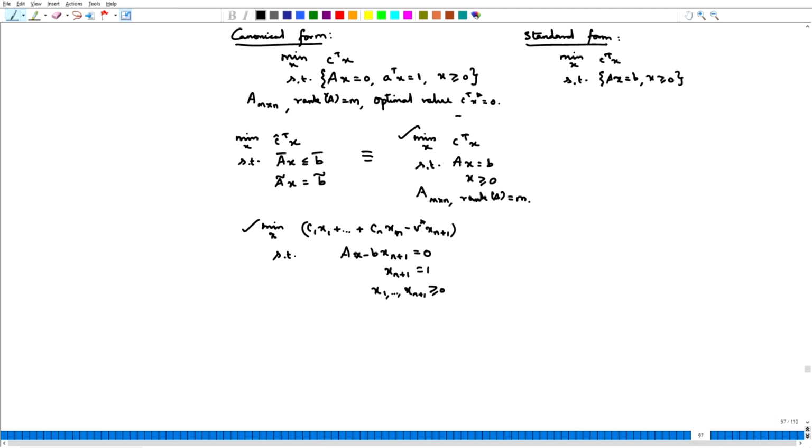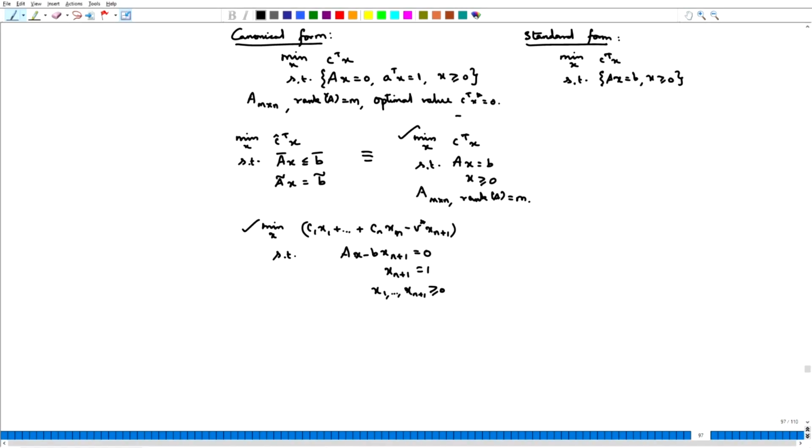So the constraint here can be written as Ax minus b equal to 0, which is nothing but Ax equal to b. And xn plus 1 equal to 1 means that xn plus 1 greater than or equal to 0 is a redundant constraint, but that is okay because we want it in the form that we are looking for. That is the reason I have written xn plus 1 greater than or equal to 0 anyway.